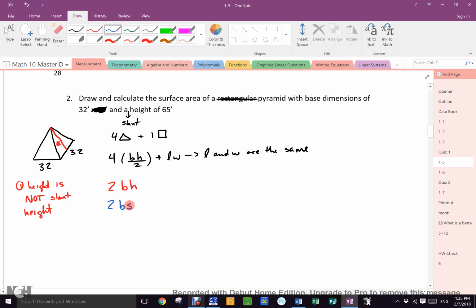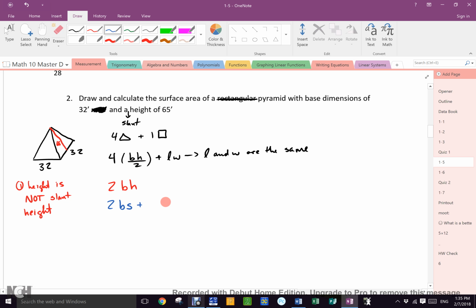Everybody cool? Now, LW. We know that they're the same. And we have already given this a letter, haven't we? What letter did we give it? B, because we called it the base of the triangle, yes? So should we keep it as B? Yep.